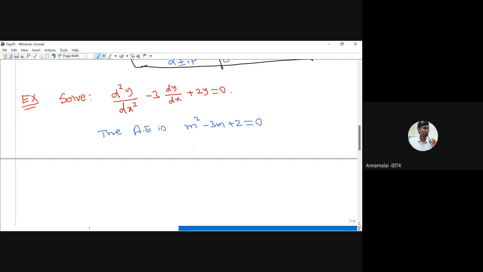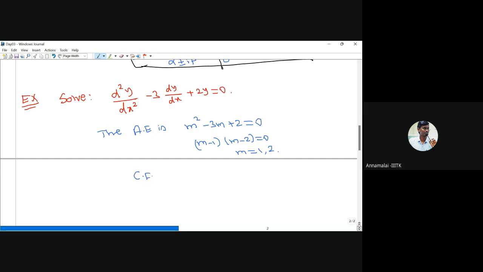If you simplify this, you will get 1 and 2 as the roots, that is (m minus 1)(m minus 2) equal to 0. Therefore, the roots are m equal to 1 and 2. Since the roots are real and distinct, the complementary function is C1 e^(1x) plus C2 e^(2x). This is the solution, the complementary function.